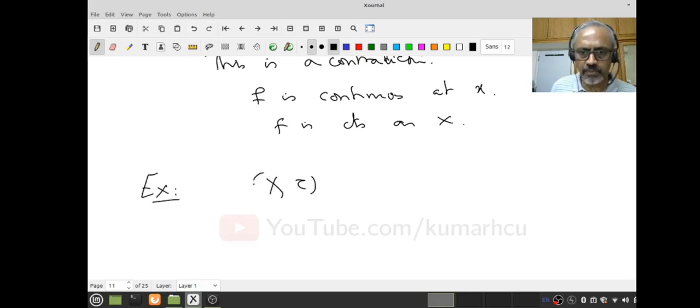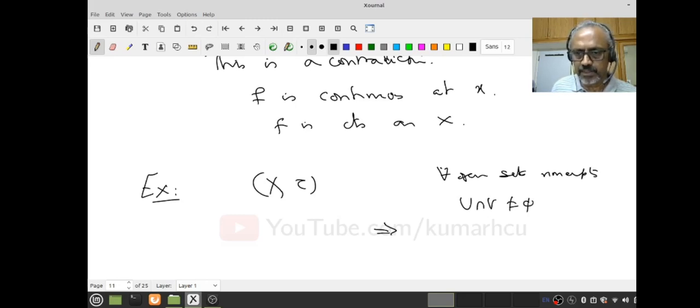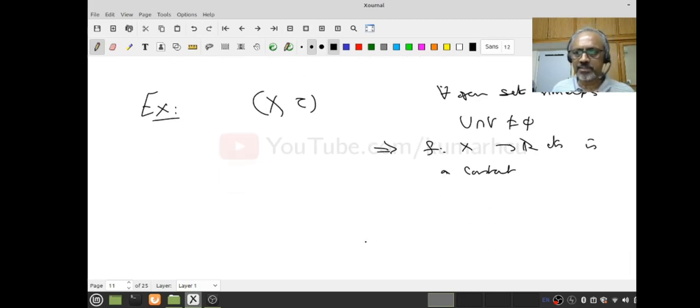As a last exercise, I'll give this. Suppose (X, tau) is a topological space. Do you remember we proved that if for every pair of non-empty open sets U intersection V is non-empty, then any real valued continuous function is a constant. We can somewhat generalize this.